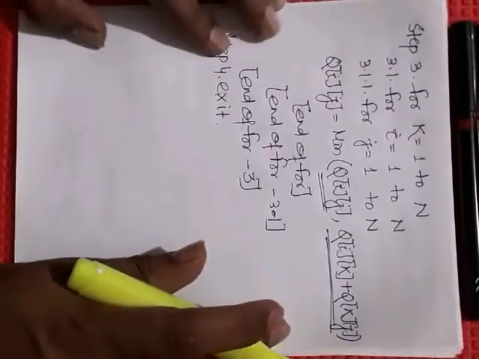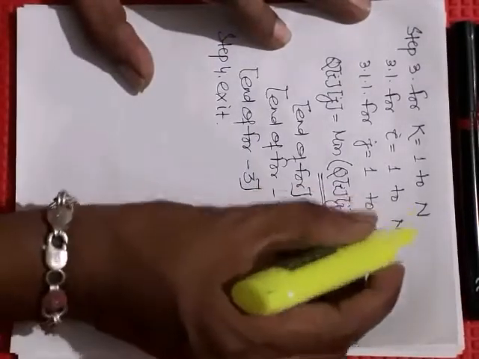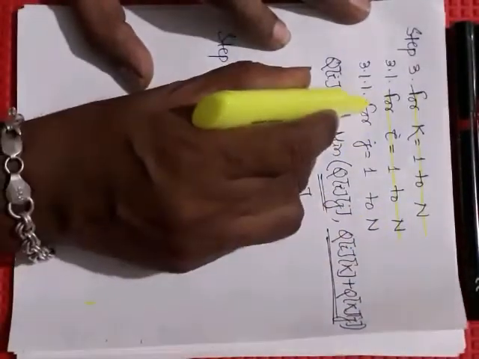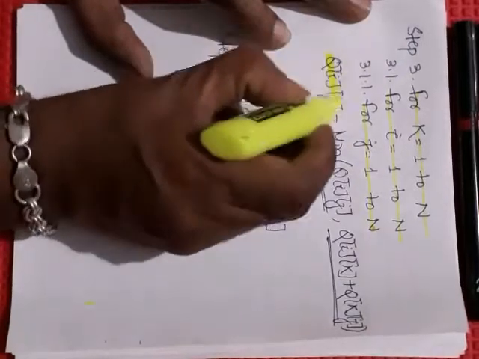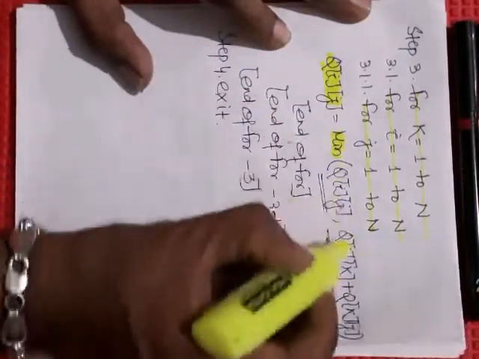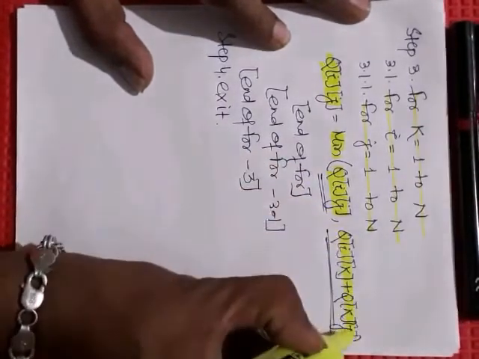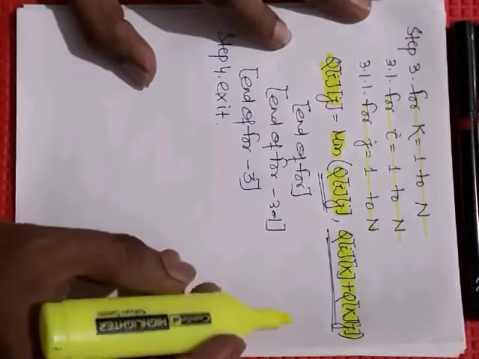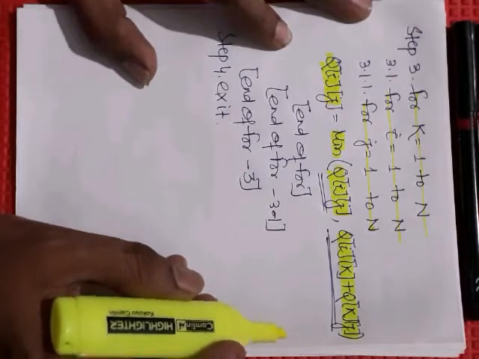Now, if you understand the algorithm, we have taken step number 3: for k equal to 1 to n, for i equal to 1 to n, for j equal to 1 to n, we are executing Q of ij equal to min of the existing Q of ij value, comma, Q of ik plus Q of kj. You can observe that i represents the row index, j represents the column index, and k represents the intermediate vertex.